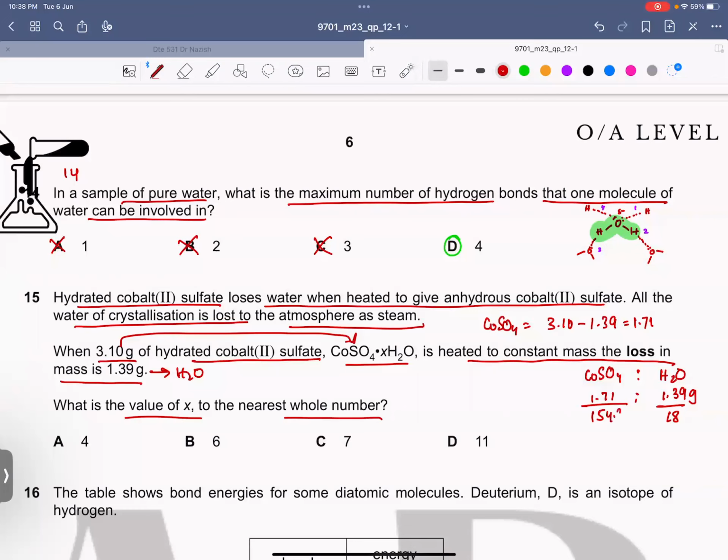Can anybody solve and tell me the answers, please?